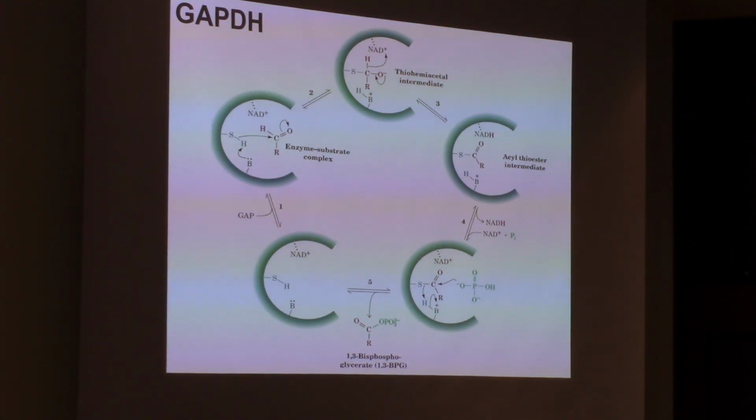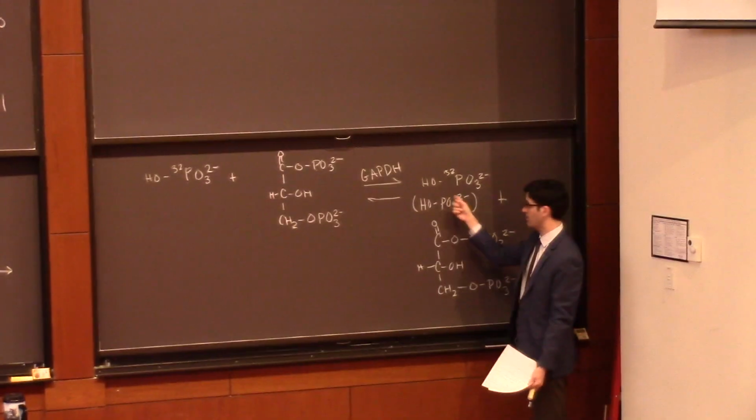So when the phosphate comes back, it's going to be radioactively labeled. And so in the product, we're going to detect the radioactively labeled version of the 1,3-bisphosphoglycerate. You still detect 1,3-bisphosphoglycerate, but you detect the labeled version. And because you will lose the unlabeled version, you may detect a little of that in the beaker.